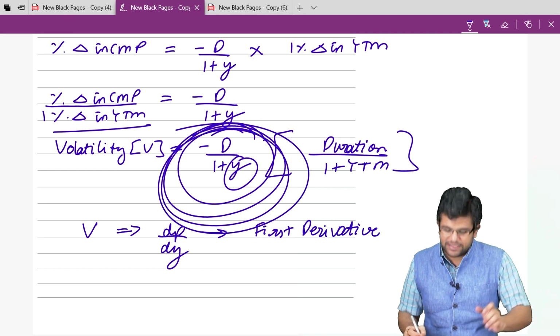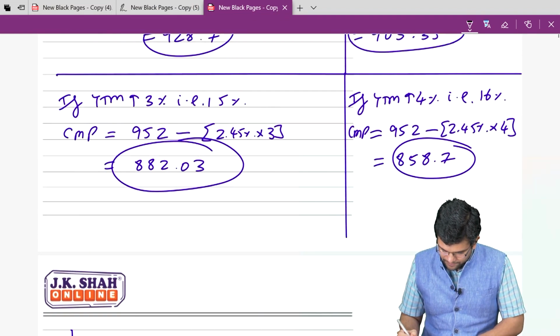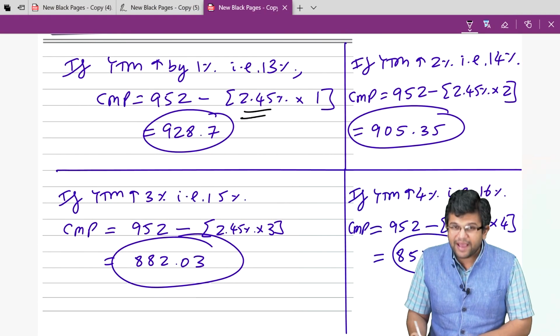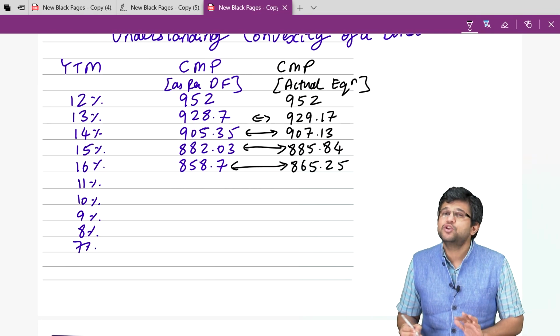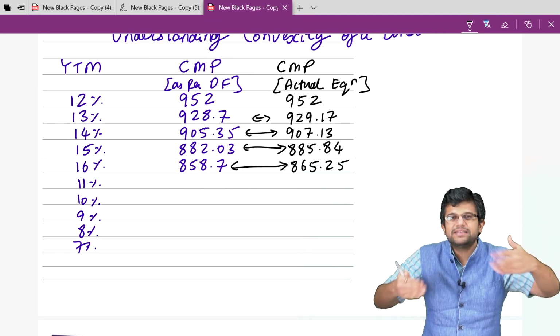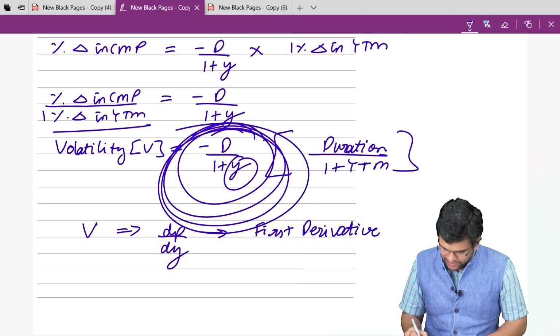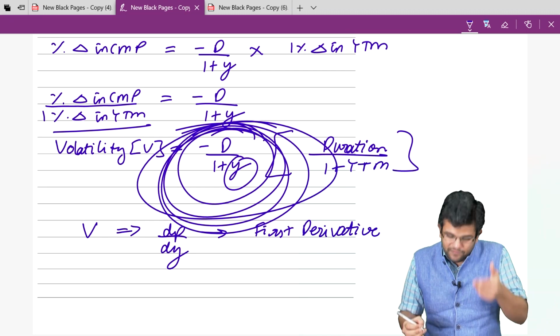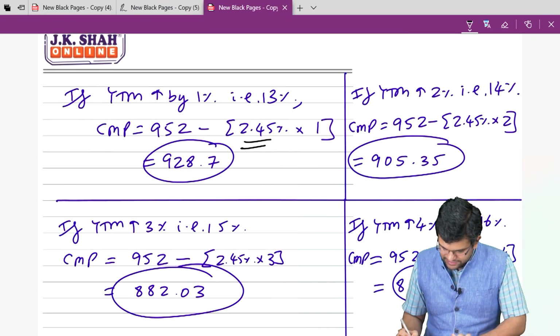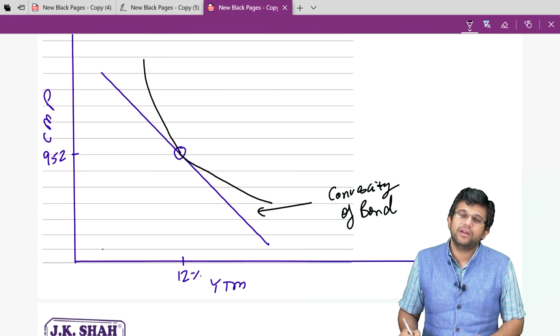It is not fixed, which means this 2.45% that we had got earlier as the volatility with which we were changing all the prices, that is not fixed. It will keep changing, because as the yield changes, children, do you realize this volatility also will be changing, which is why, children, there is this difference between the black and the blue line.